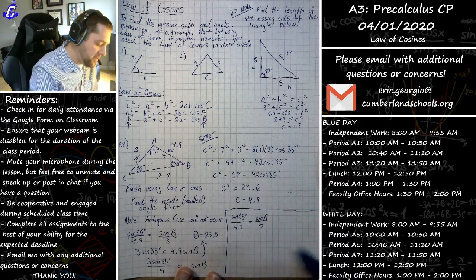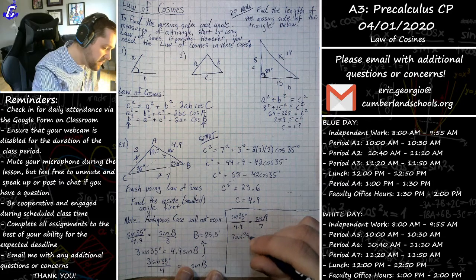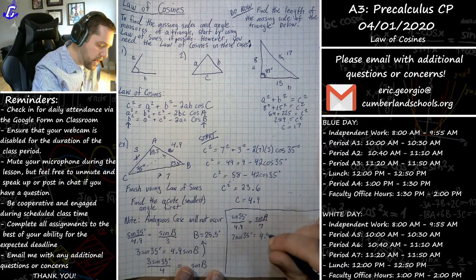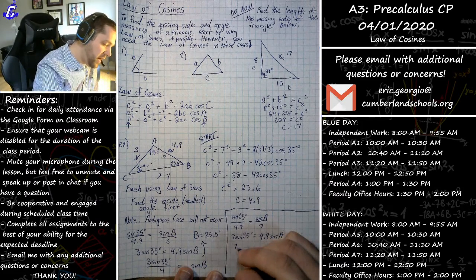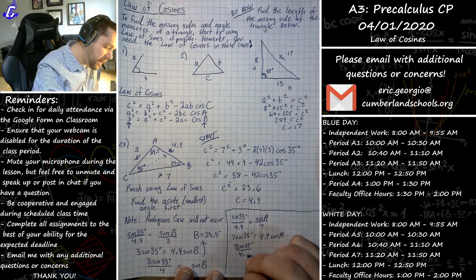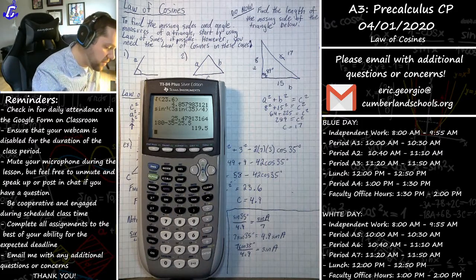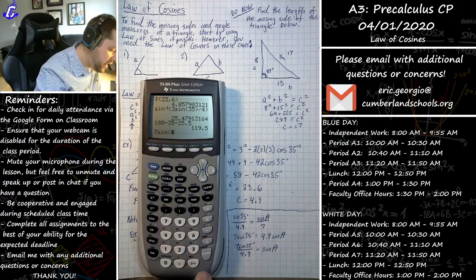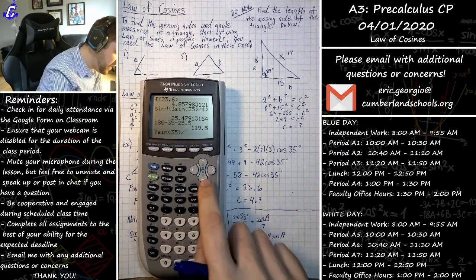If you actually went through the process of solving this, you would get 7 sine of 35 degrees equals 4.9 sine of A. You would divide both sides by 4.9, so 7 sine 35 over 4.9 is equal to sine of A. You would take the sine inverse of both sides, and your calculator would tell you, I'll do it right now: 7 sine of 35 divided by 4.9. Oh, sorry, I have to do the sine inverse of all that.